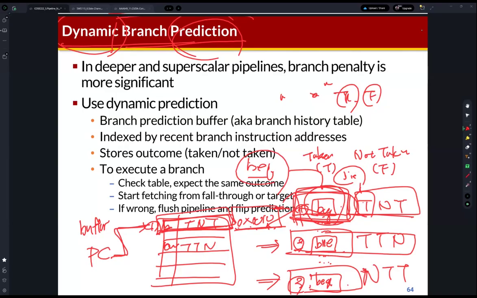Then we can read the previous result, and based on the previous result, we can predict the current result of the branch instruction. That's how the branch predictor works. Okay.